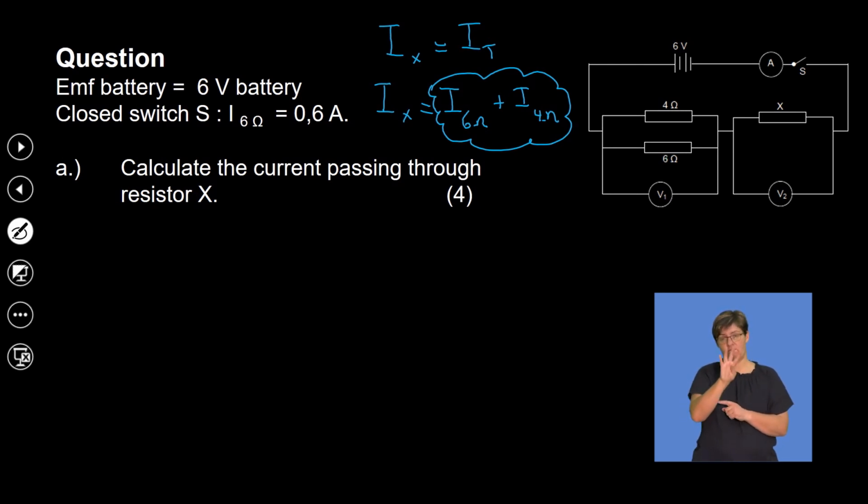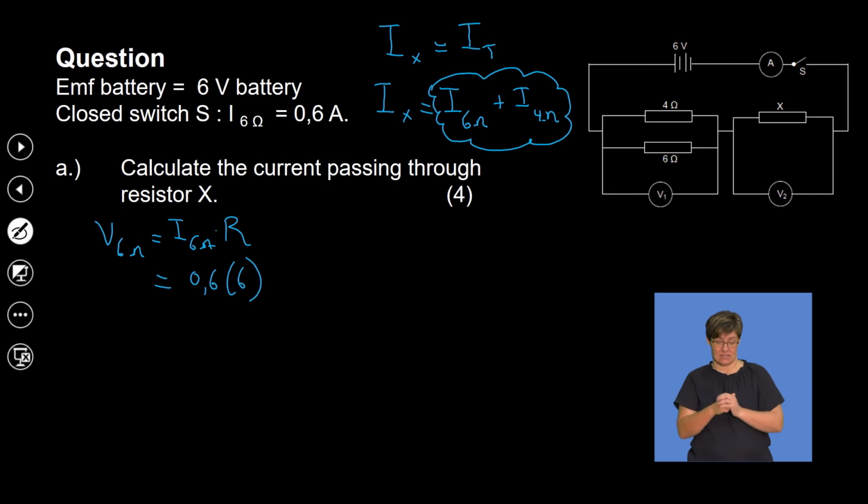V across 6 ohms is equal to the current through 6 ohms multiplied by the resistance. So the current for 6 ohms is 0.6 multiplied by 6. This will give us our V1. V1 is actually the V parallel.